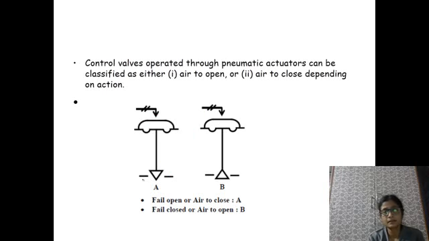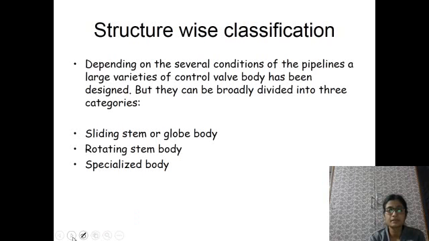This is the control valve air failure to open type or air to close type, and air failure to close type or air to open type, that I mentioned in our last class also for pneumatic actuator. I think I should not repeat this once again.